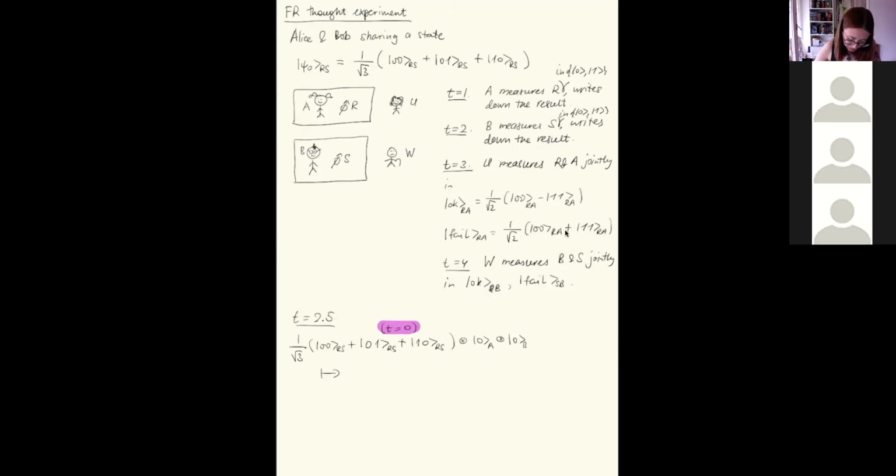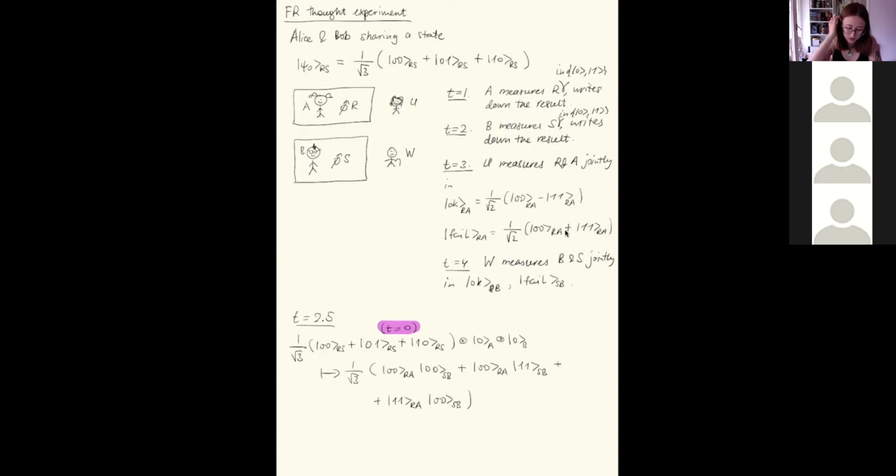So after Alice and Bob measure, at time 2.5, we end up with the following state: 0,0 RA, 0,0 SB, plus 0,0 RA, 1,1 SB, plus 1,1 RA, 0,0 SB.